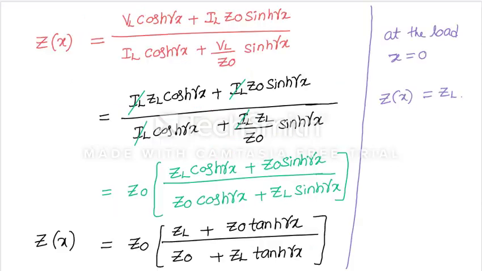So by using this relation, we can get the impedance at any point inside the transmission line. Try to remember this relation, which is a very, very important relation.